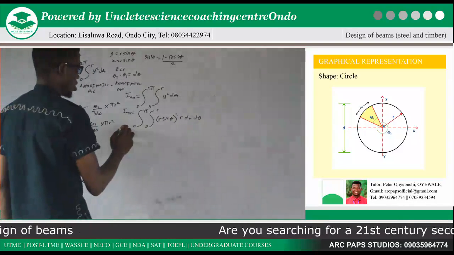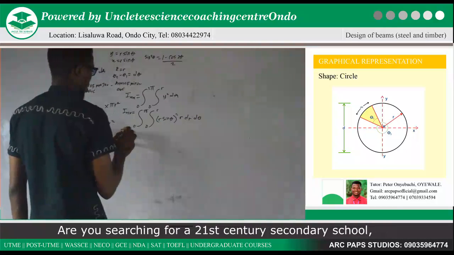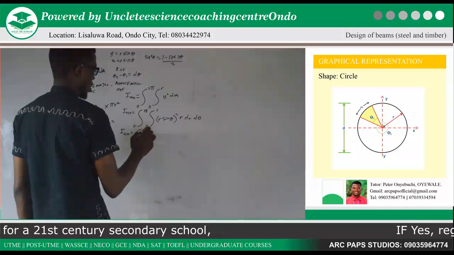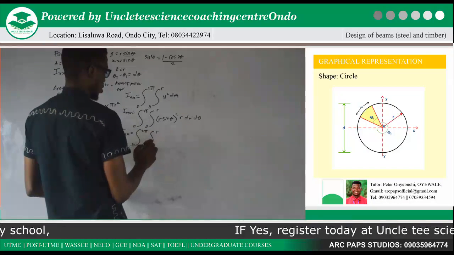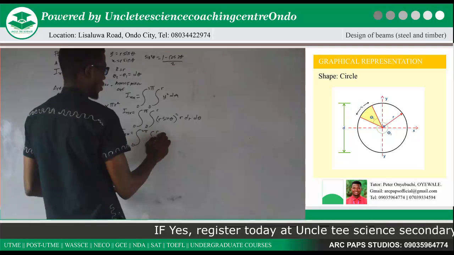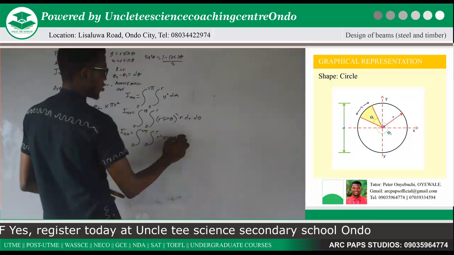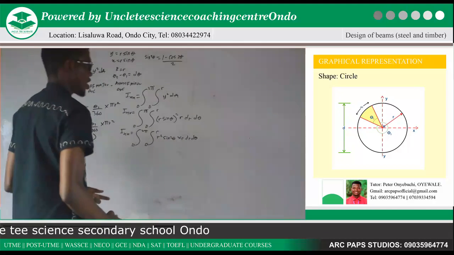Now this is a complex integral, but we are going to solve it. It's quite simple. Now our Ixx will give us integral 2 pi to 0. We are going to solve the integral inside first. R to 0. This is equal to r squared sine squared theta times r d theta.